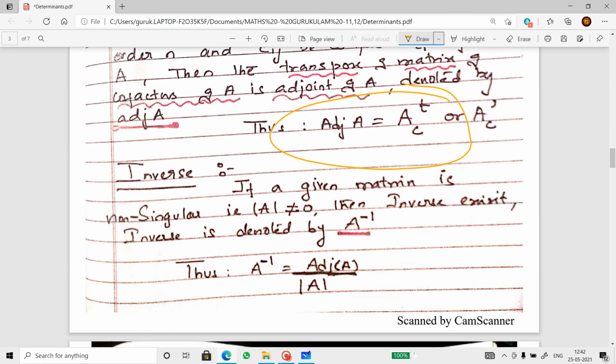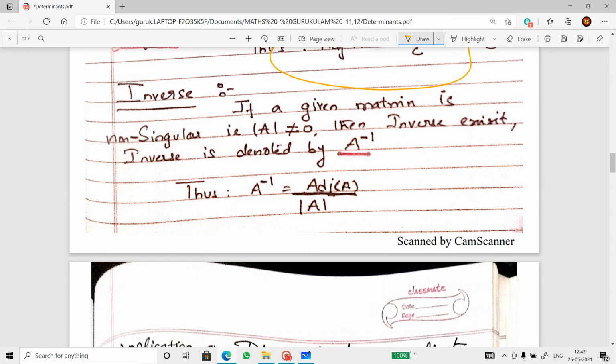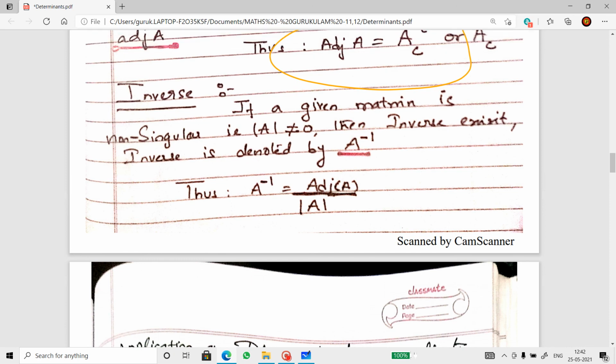Alright, last but not the least, we learned all this to find the inverse. What is the inverse now? If the given matrix is non-singular, that means the determinant is not equal to 0, then the inverse exists. And A inverse is 1 by determinant of A into adjoint of A. Determinant was the first thing that we learned. Adjoint is the last thing that we learned.